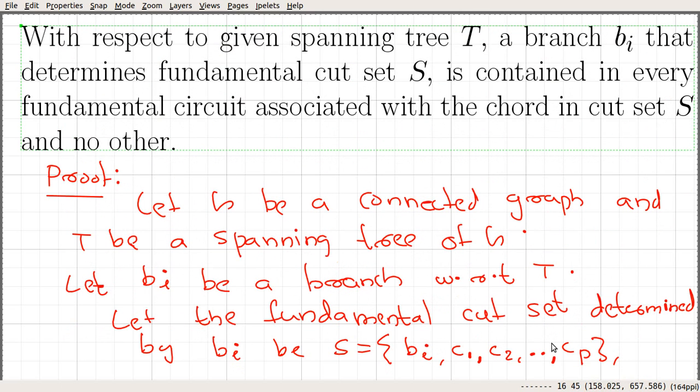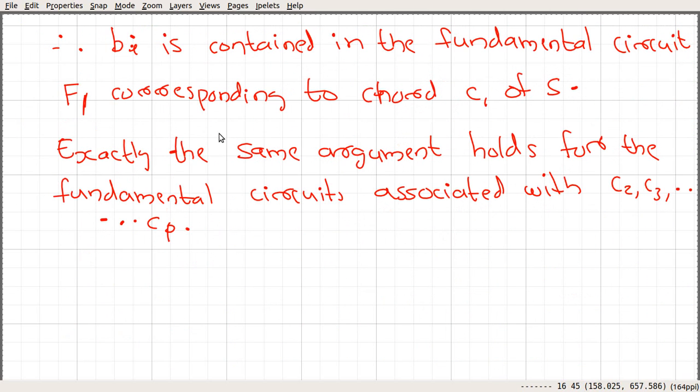So we proved this particular thing: BI is contained in every fundamental circuit associated with the chords in the cut set. But we have to prove that BI is not going to appear in any other circuit.